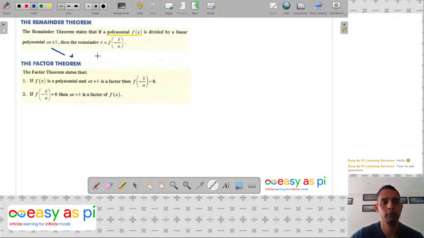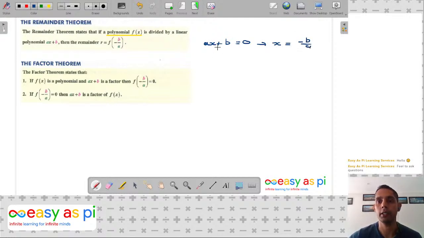Essentially, I'm making ax plus b equal to 0 and solving for x. I get x is equal to minus b over a, because I took the b across and then divided by a. Okay, so that's the remainder theorem.